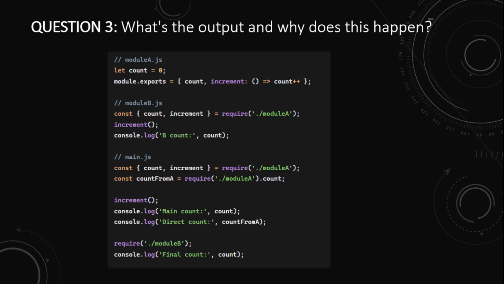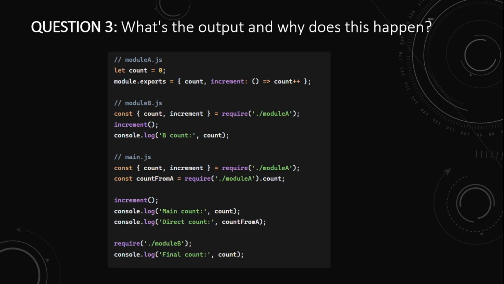After that, we have to analyze the increment function: after it gets executed, what will become the value of count and what is actually countFromA. Understand that countFromA will always get the current value of the count which exists in module a.js, because countFromA is actually referencing the count variable.